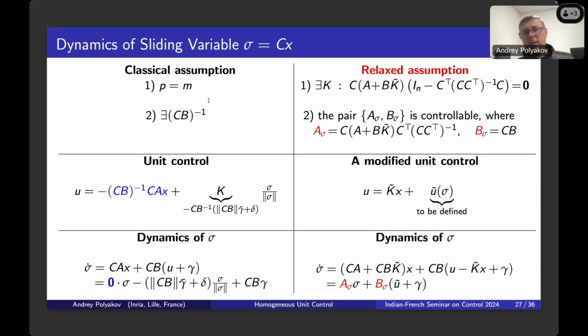In fact, if this classical assumption holds, then of course k tilde always exists. You can just select it like before, making this term zero. In general, it is not necessary to make this term a zero matrix, because we need a bit less restrictive condition. After multiplication of this matrix by some projector, we will have zero.